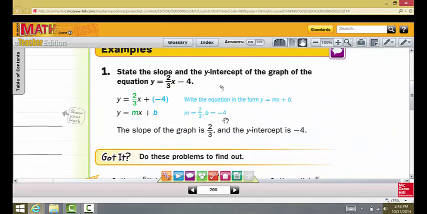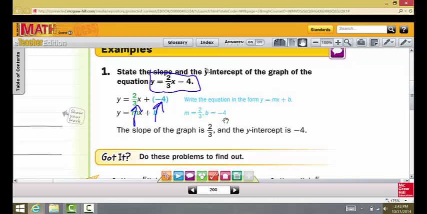Example 1 wants us to state the slope and the y-intercept of the graph of the equation y equals 2/3 x minus 4. So when we take a look at that, remember that we can use this equation here, y equals mx plus b, and therefore we can take a look at m is right here and b is right here.